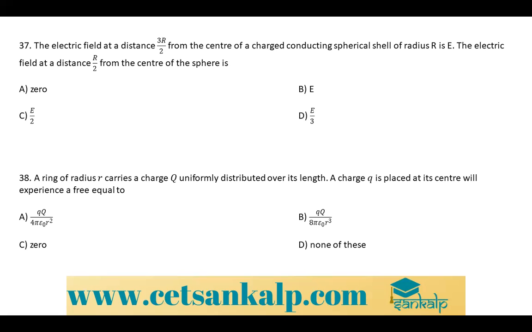Please remember, the electric field inside a charged conductor is always 0. Any changes, it doesn't matter. So directly you can say that the electric field inside the charged conductor is always equal to 0, according to the concept.